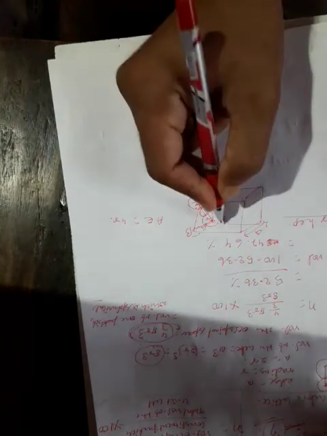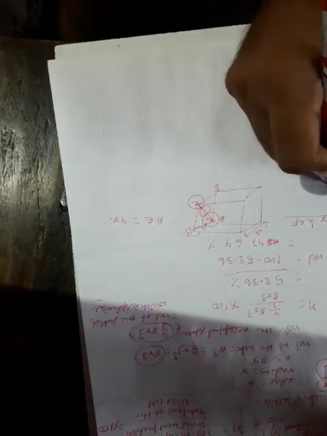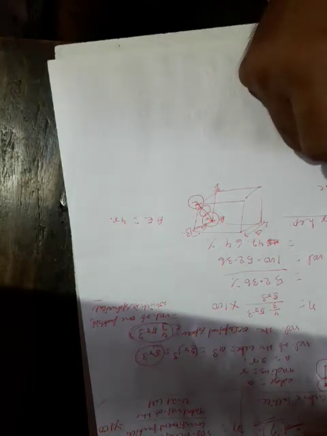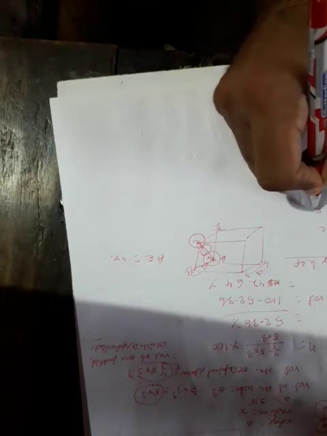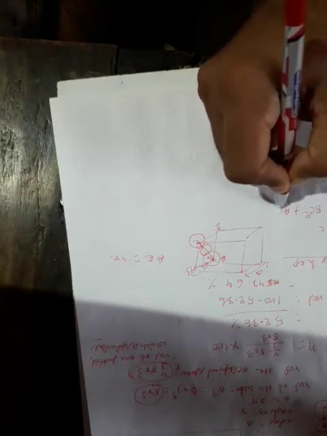Now in triangle ABC, AC square will be equal to BC square plus AB square.